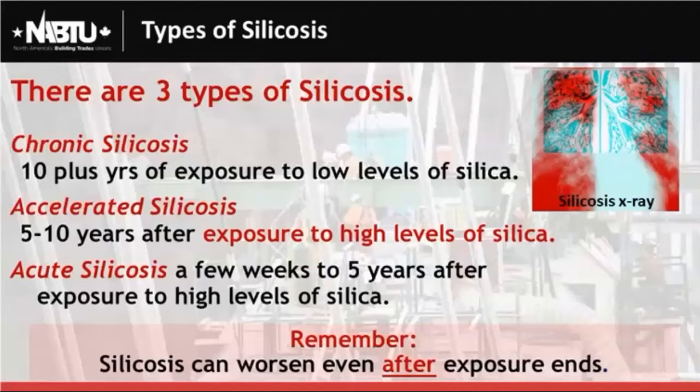How would you know if you've been exposed or what your status is? An X-ray would need to be taken, and that X-ray will have to be evaluated by a B reader. A B reader is a person that's specifically trained in reading occupational exposures from an X-ray.